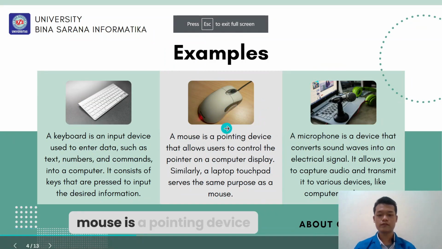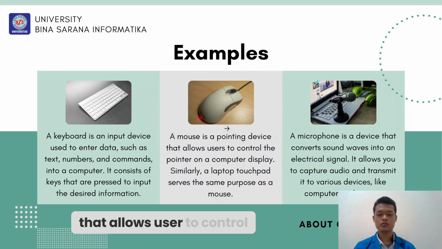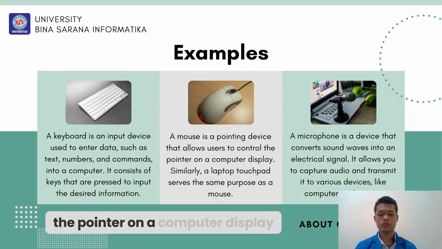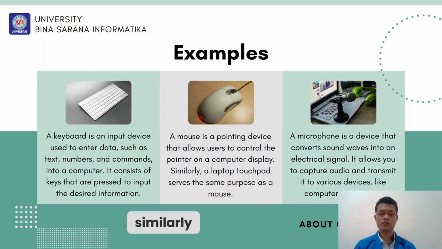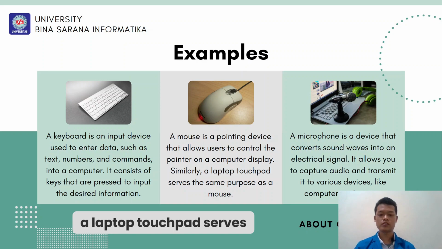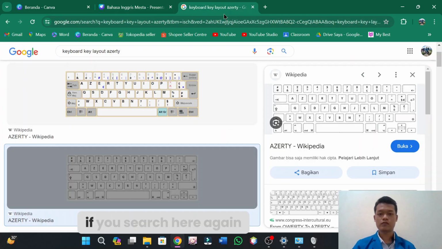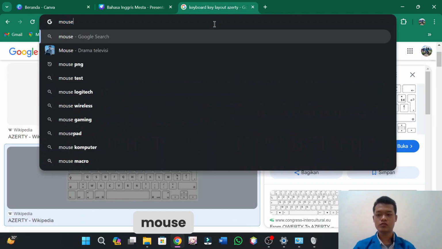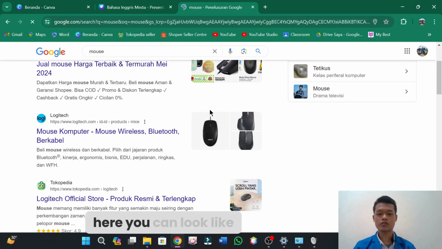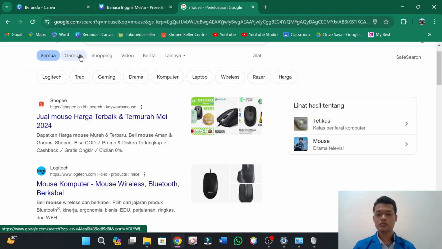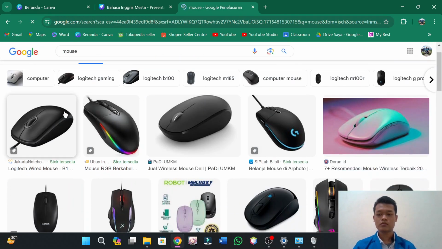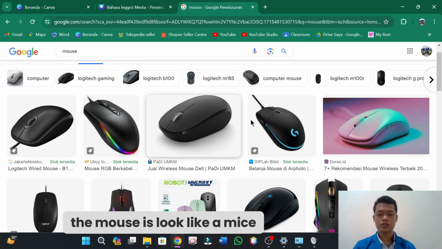Mouse is a pointing device that allows user to control the pointer on a computer display. Similarly, a laptop touchpad serves the same purpose as a mouse. If we search here again, mouse, here you can look like the mouse is look like a mice.